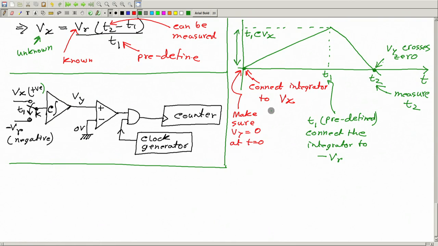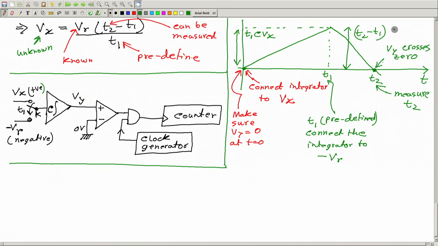And from this side, considering this side, what can we say about this height? We can say this is this time multiplied by this slope, right. So how much is this? This height is therefore the same height. I can write now this time is T2 minus T1 multiplied by this slope. How much is this slope? In this period this is connected to Vr.